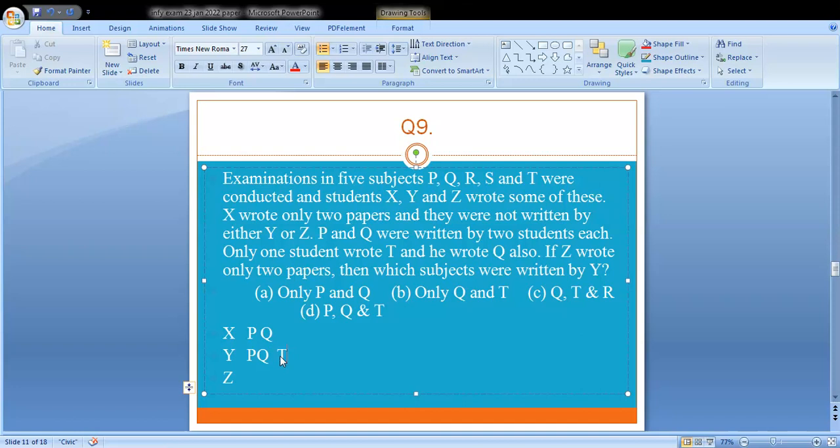X wrote two papers, they were not written by Z because they were written by Y. So automatically P and Q were written by two students each. Only one student wrote T, he wrote Q also. Z wrote only two papers.